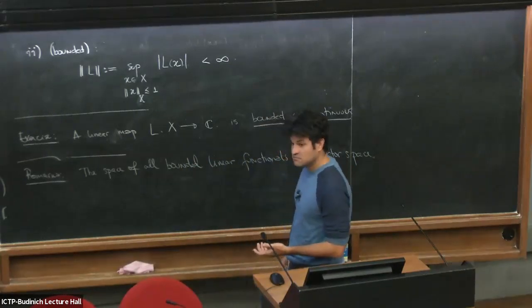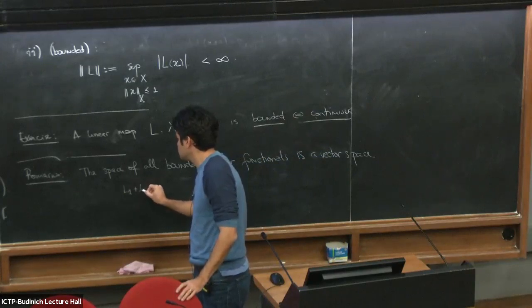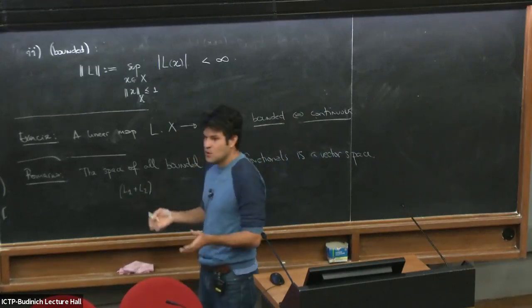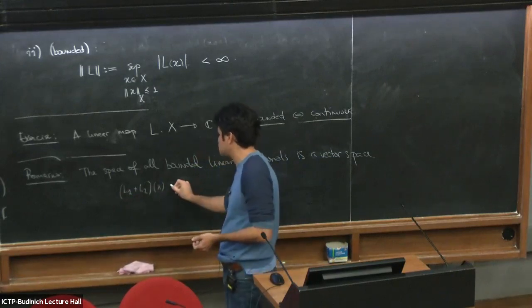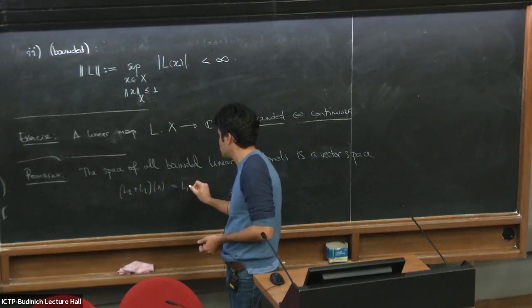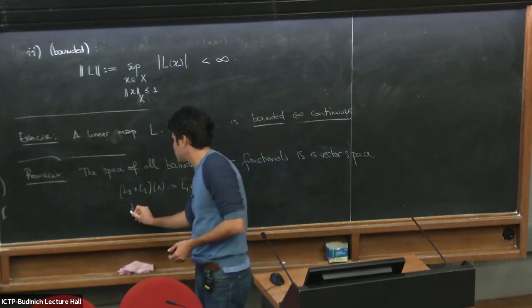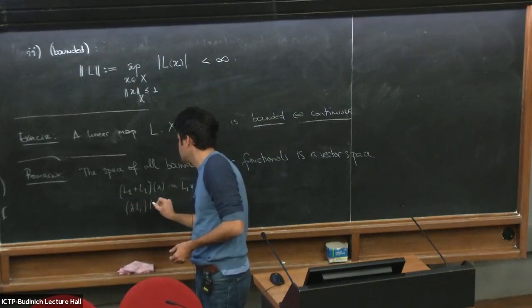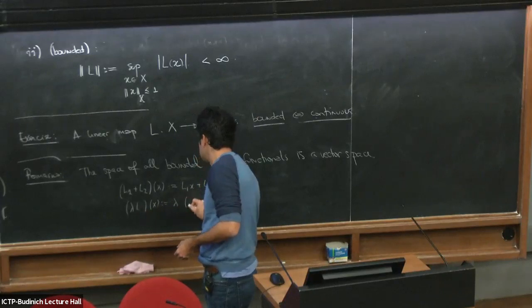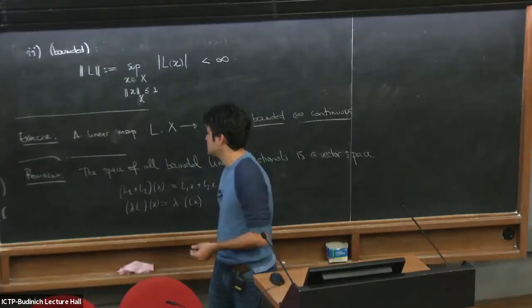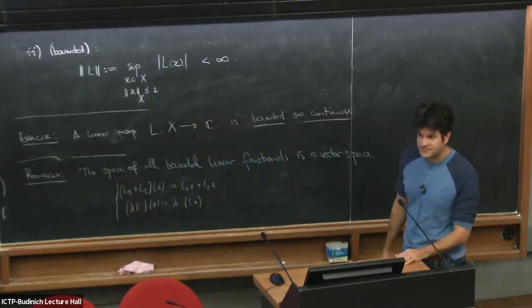You can take two functionals, L1 and L2. You define their sum at a point x of your Banach space as L1 of x plus L2 of x. Multiplication by lambda of a functional L at a point x is by definition lambda times L of x. With these two definitions, this becomes a vector space.